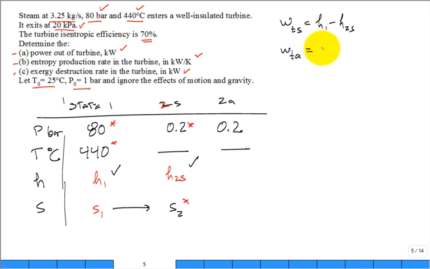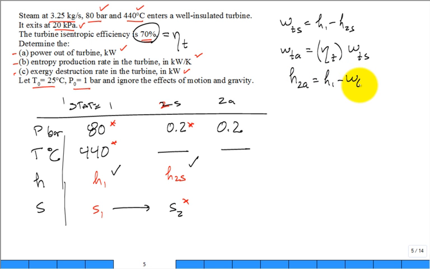What do you do? You multiply by the isentropic efficiency. So if I get 70% of that, I get 70% of it. True? This is isentropic efficiency of the turbine. So now, knowing that, I can get the actual enthalpy, H1 minus W_T actual. Is this music to your ears or confusion?